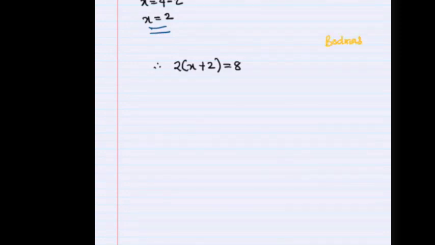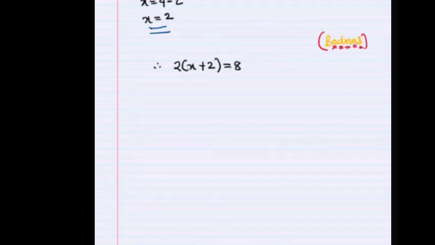I'm sure you must have heard of this word, BODMAS, in which B is bracket, O is of, or sometimes they call it exponent, D is division, M is multiplication, A is addition, and S is subtraction. So these are the approach we normally use to tackle this kind of equation.